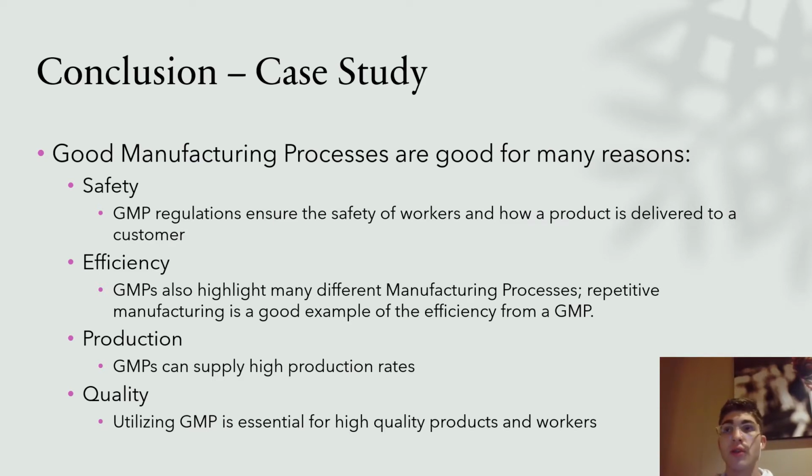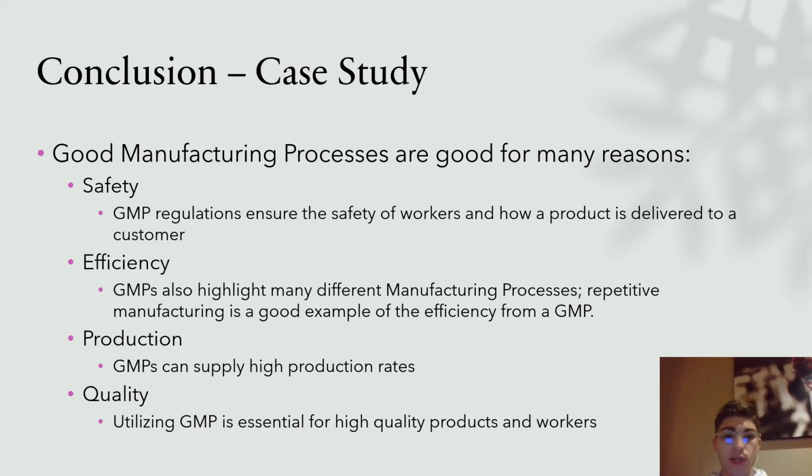GMPs really ensure that every part of the manufacturing process is going to have a certain outcome, and make sure that the products that are reaching customers are in the best quality as possible.